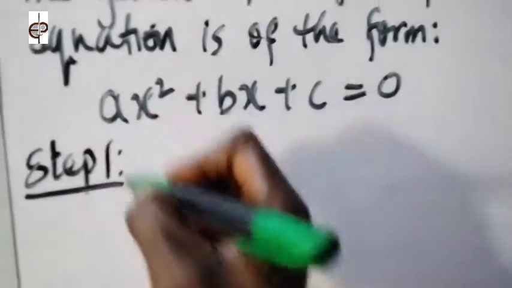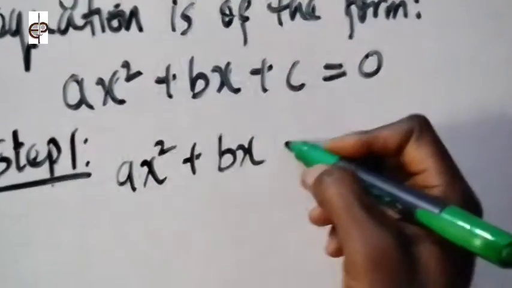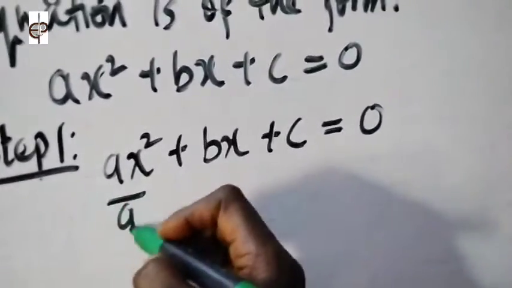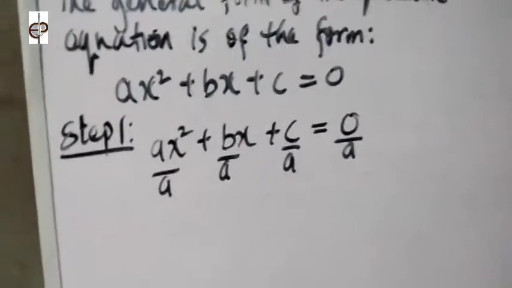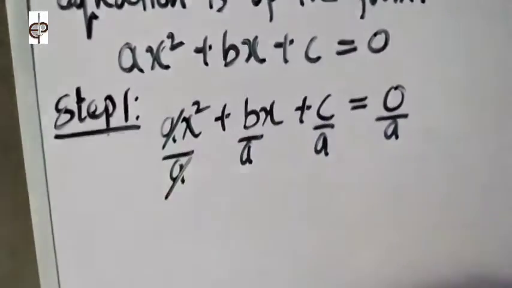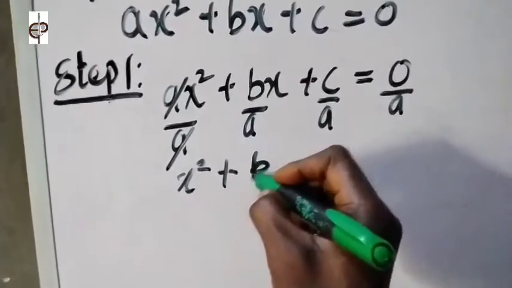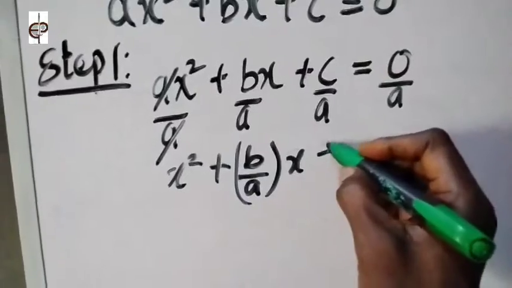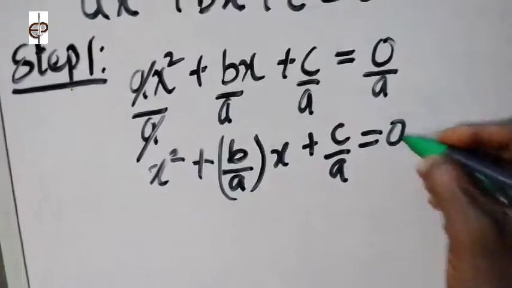So you divide through by a, the coefficient of x squared. That will take away the a and we'll be left with x squared plus b over a of x plus c over a equal to 0.